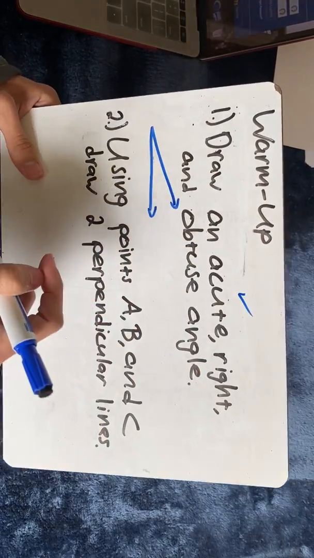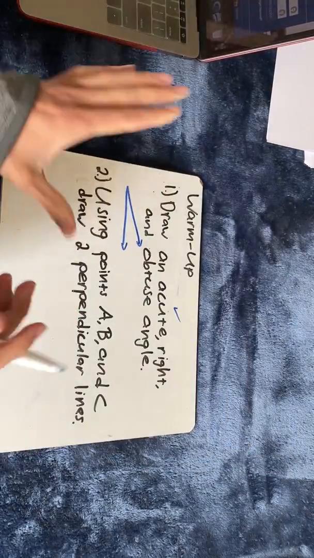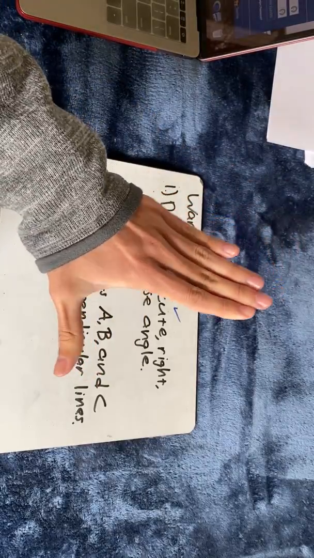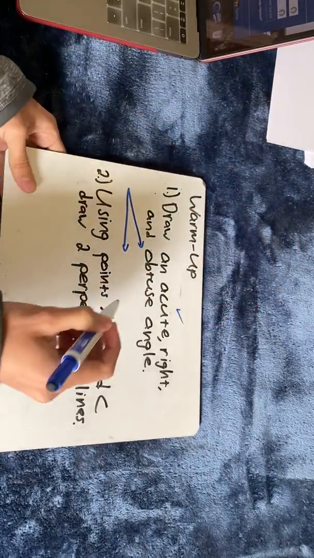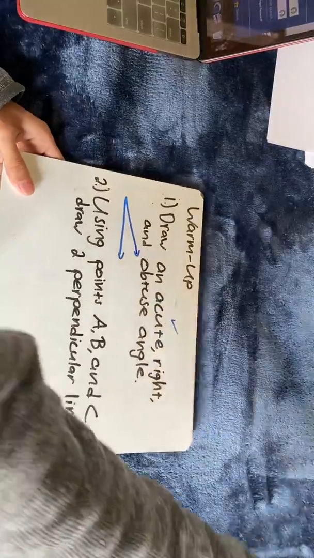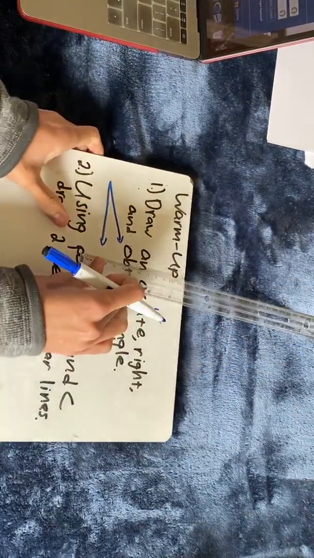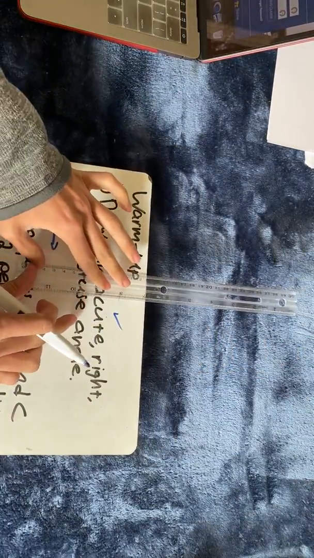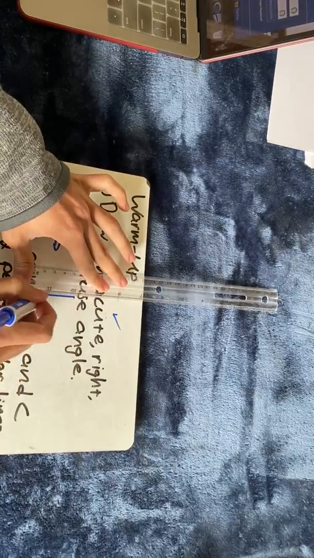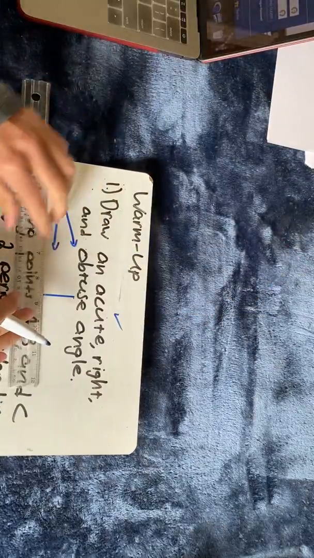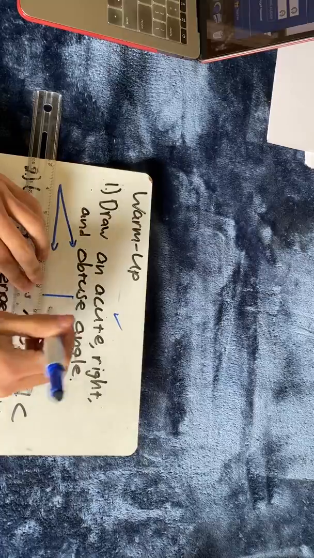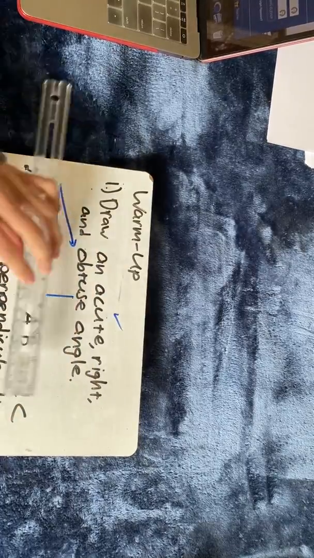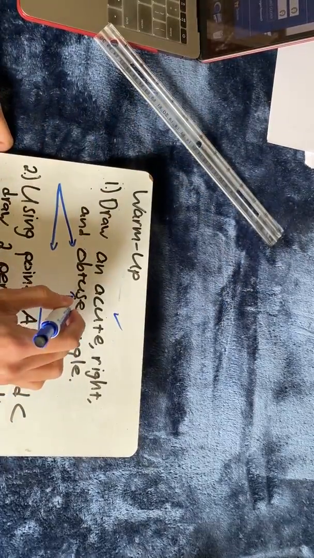A right angle is the perfect L. Remember, that is a right angle. This time I do have a ruler, so I'm going to draw a perfect right angle, a perfect L. Don't forget to add your arrows. I'm going to add arrows on mine.